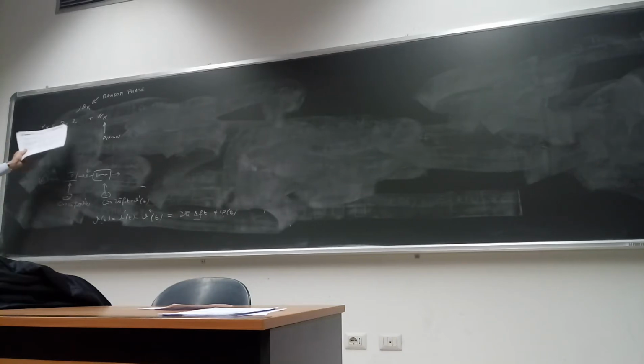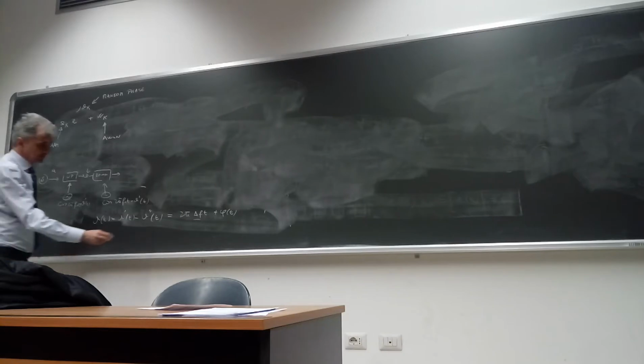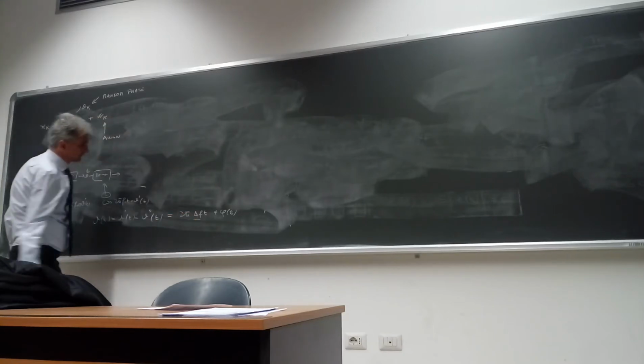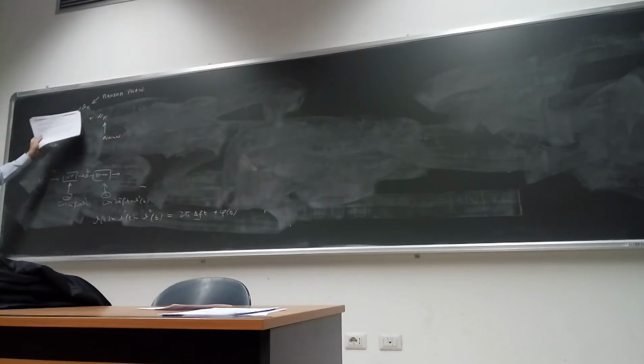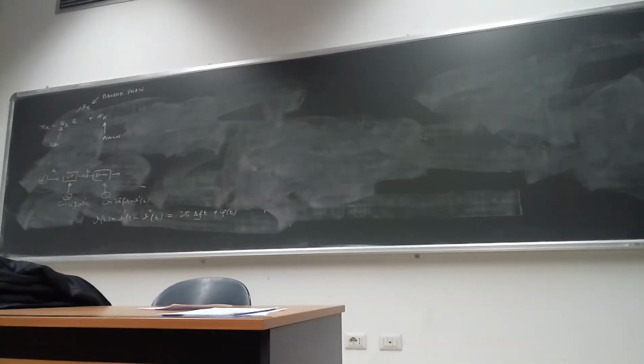After sampling, we get a model like this. And by now, we don't put the frequency difference, so only the random part, theta k, of the phase difference between the two.